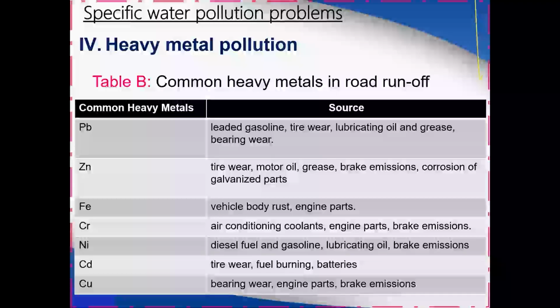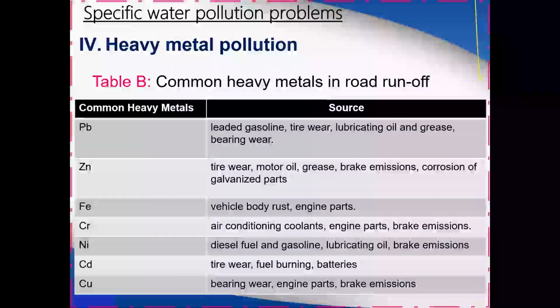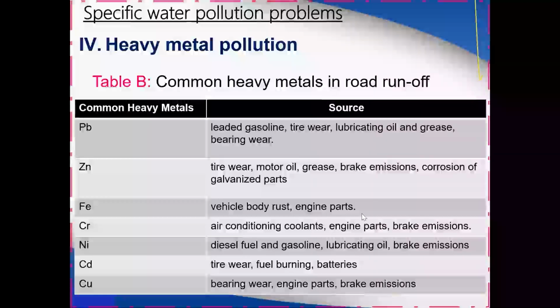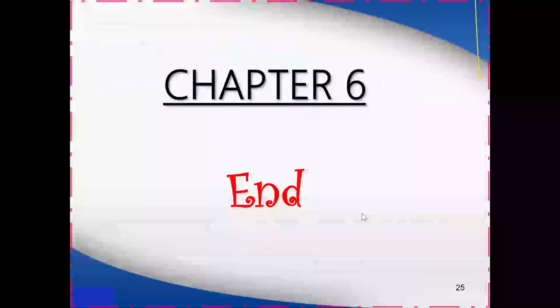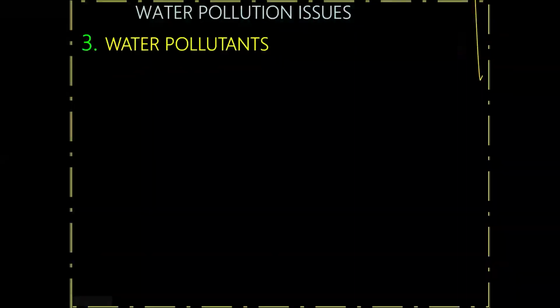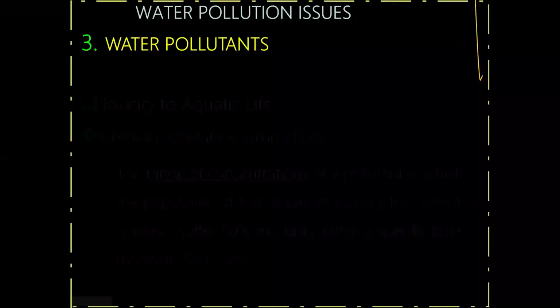But at the end of the day, how do we get flood water? Where would it go? That is the problem of this water pollution. So this is not the end of this chapter. We have more, which is the water pollutant.